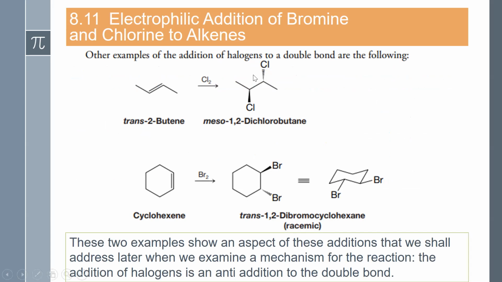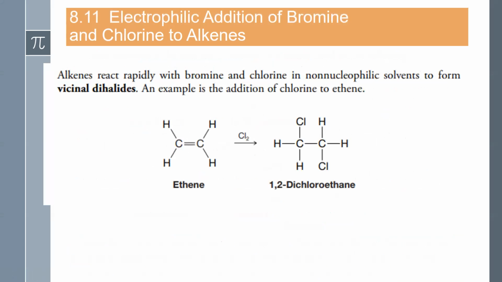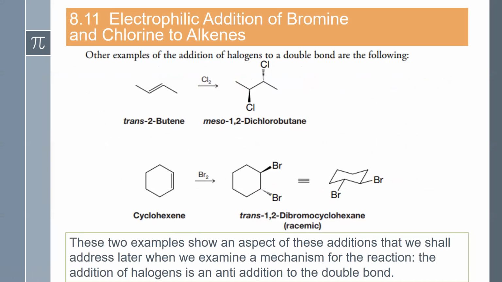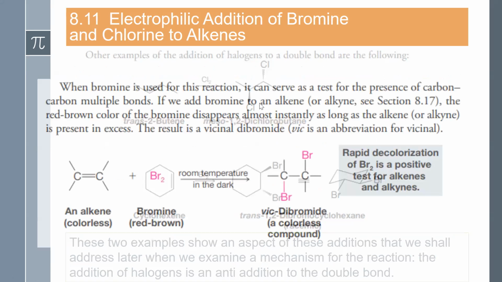You notice the stereochemistry here is that they are on the opposite sides. So later we'll look at this. These two examples show an aspect of these reactions that we shall address later. So we'll look at the mechanism. Why are they not on the same side? Why are they on opposite sides to each other?